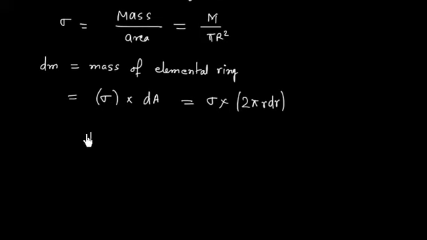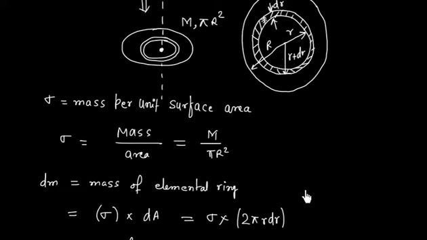Now the moment of inertia is the integral of r square dm. This elemental ring has a distance of r from the perpendicular axis.